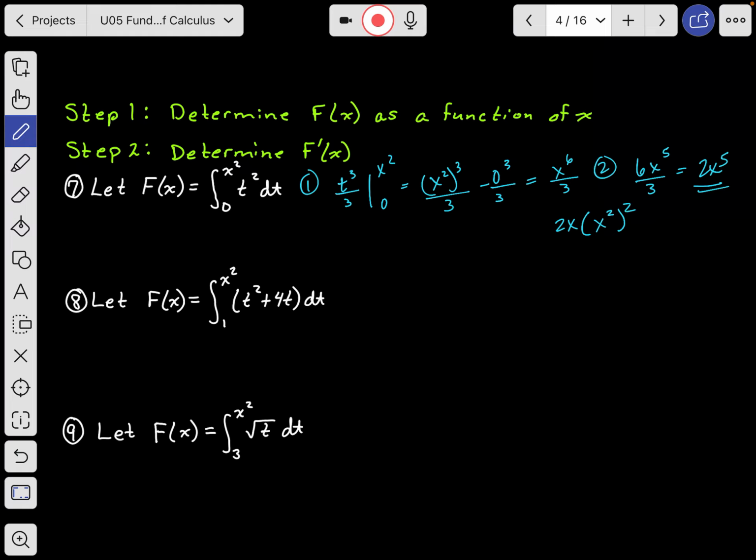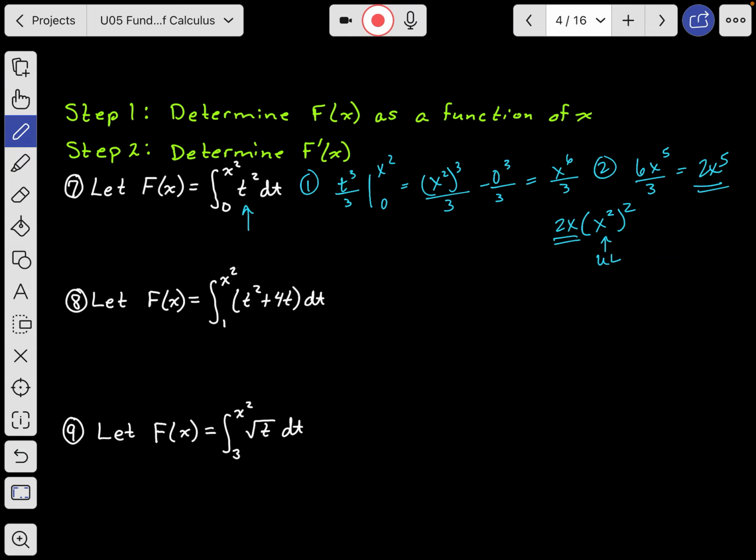So what we're getting here is, here's the upper limit, the x squared. My function is t squared, so I've got the upper limit substituted into the function. Now where does this 2x come into play? Well, it's the derivative of the upper limit, so we're using the chain rule here.